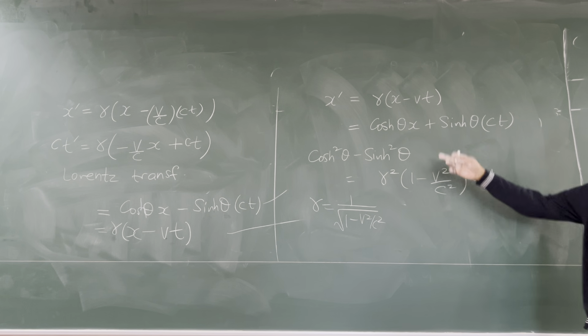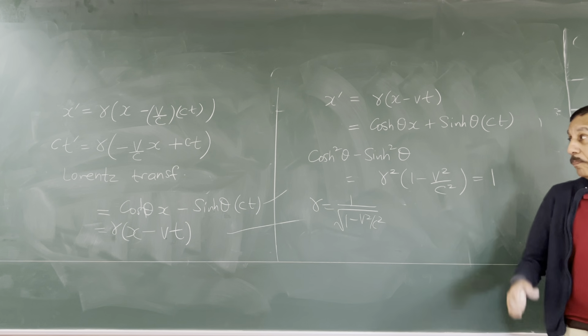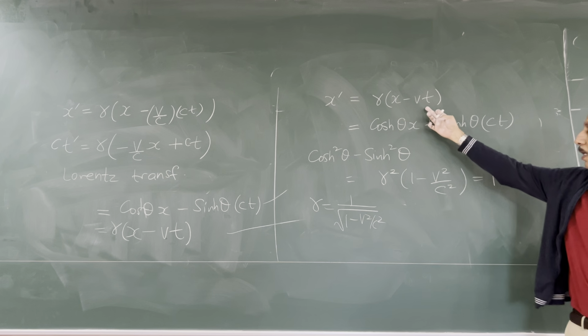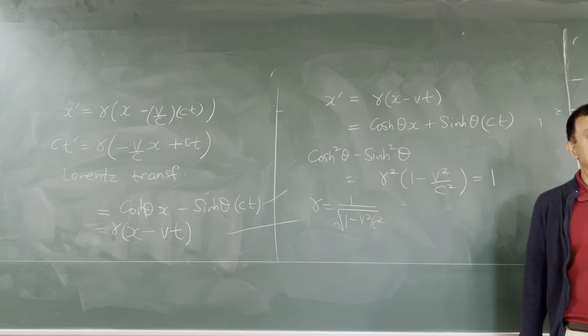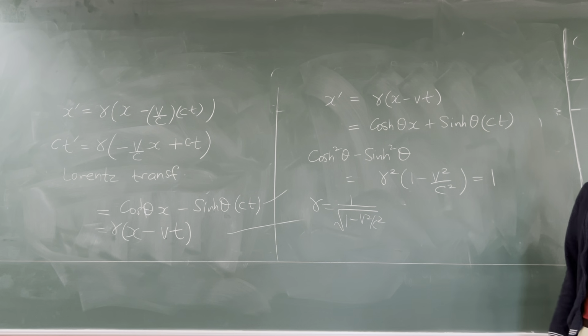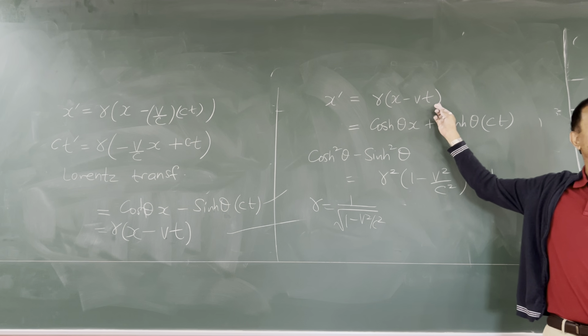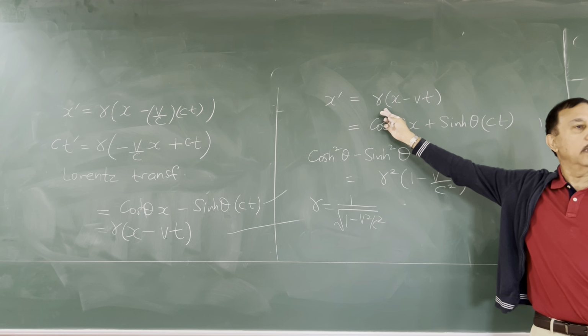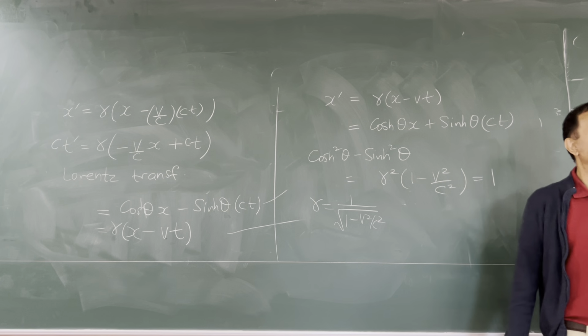We started by taking v small, and we found that theta and v should be closely related. But then we realized that if v gets larger, this cosh squared minus sinh squared relation just fails. So we have to modify our assumption of Galilean relativity, and we modified it by putting a v dependent function in front, and it works very nicely, and we get an answer. So we have derived this.